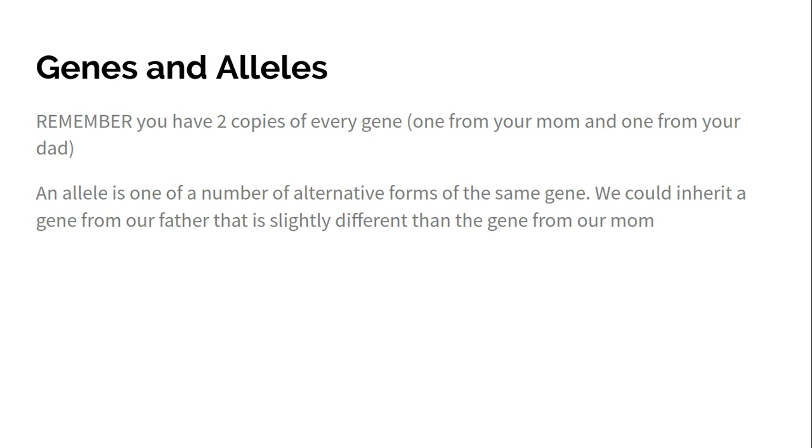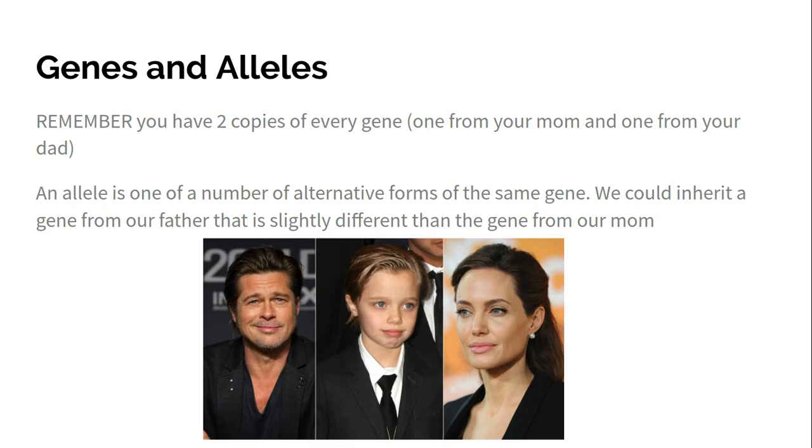So if you're inheriting brown eyes from mom and blue eyes from dad, those would be the alleles. Okay, the gene is eye color, but the alleles are the actual ones: one is brown, one is blue. Okay, so again, this is an example of what you get from mom and what you get from dad. They don't look identical to mom and dad, but they carry characteristics of mom and dad based on the different alleles that are passed down.